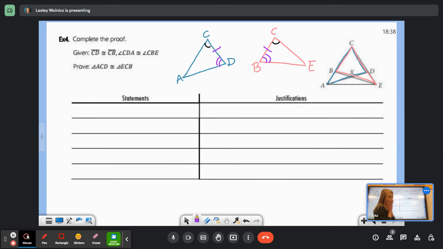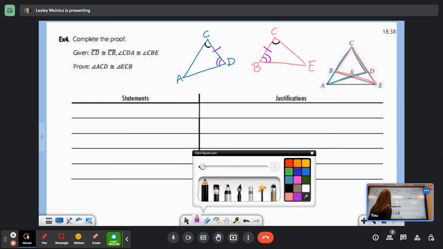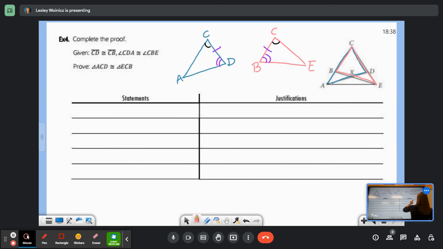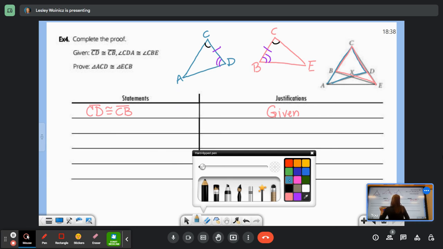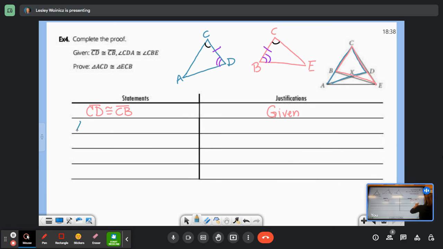All right, so let's start with our givens. Segment CD is congruent to segment CB. That is given. Next, I know that angle CDA is congruent to angle CBE. That was also given to me.